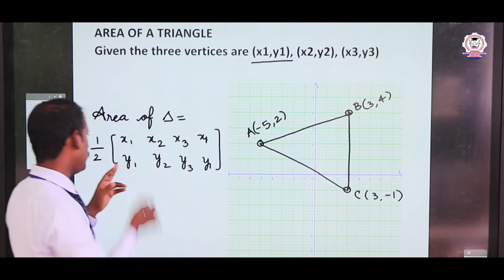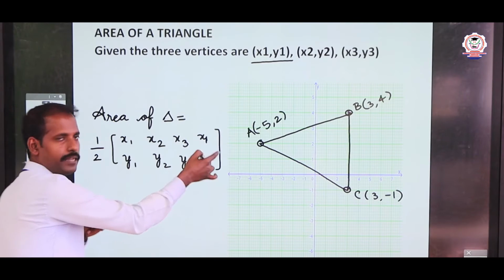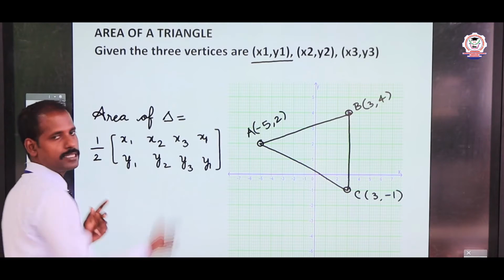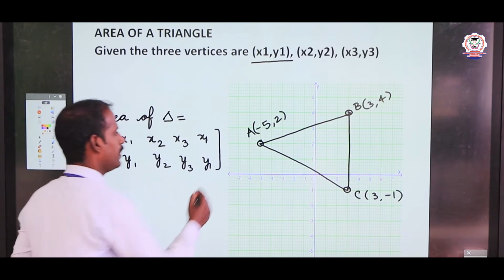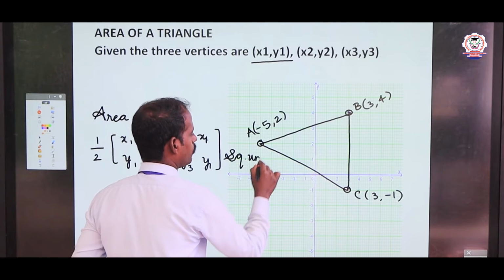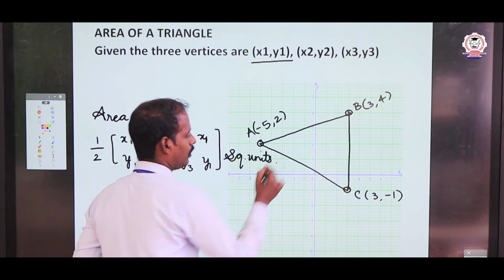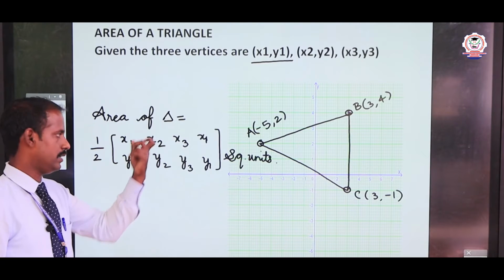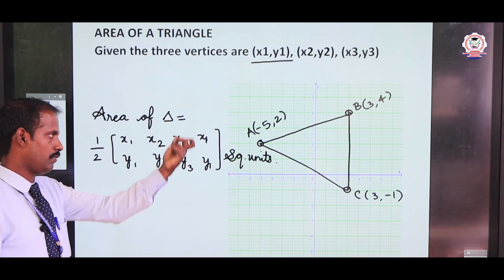Next you complete: when you start x1, y1, you complete that x1, y1. That's it. This is the area of triangle formula. That is square units. You must write the units. So area of triangle is equal to 1 by 2 x1, y1, x2, y2, x3, y3, x1, y1.